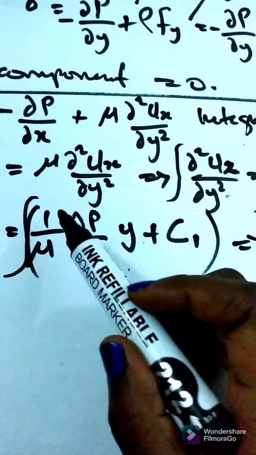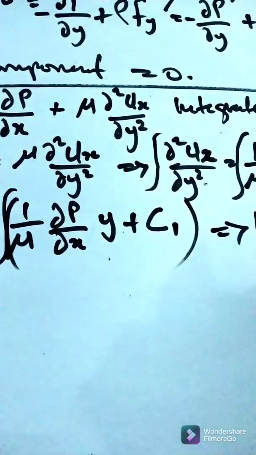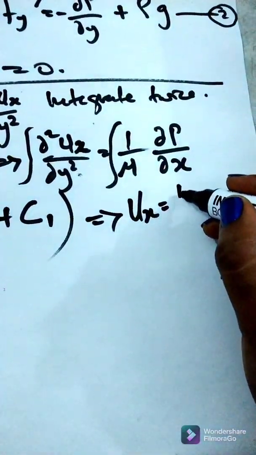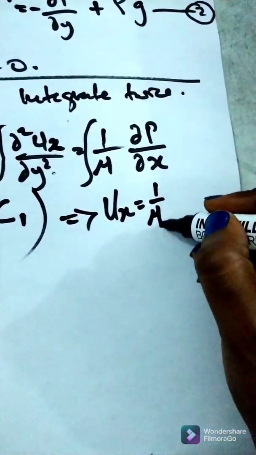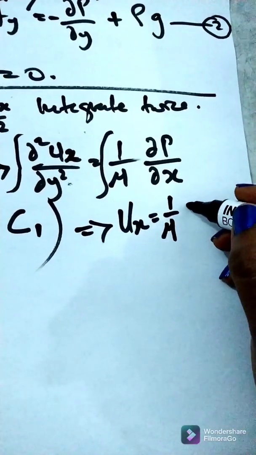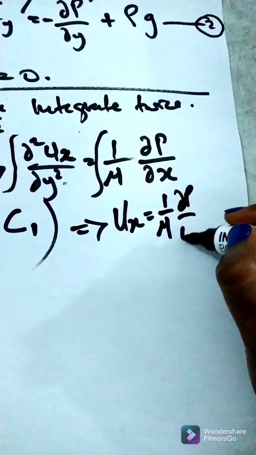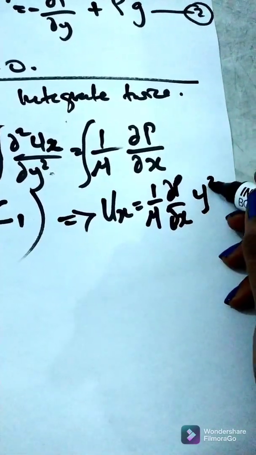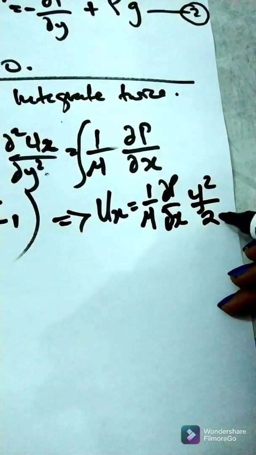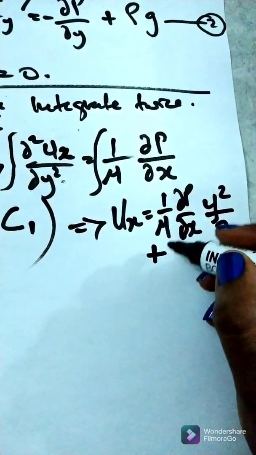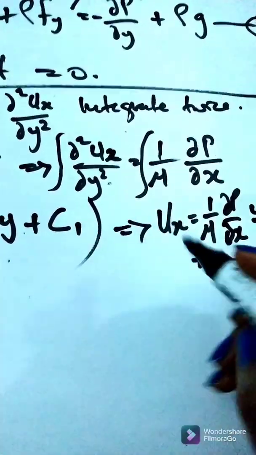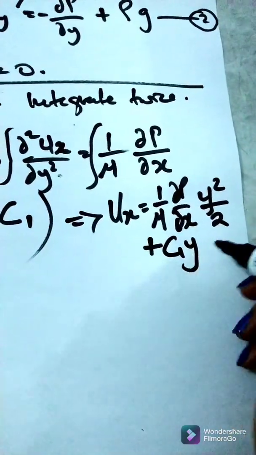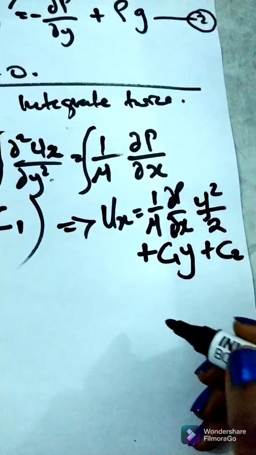We'll take this as the coefficient, so we'll have 1 over mu partial p partial x y square all over 2 plus c1y plus a new constant.